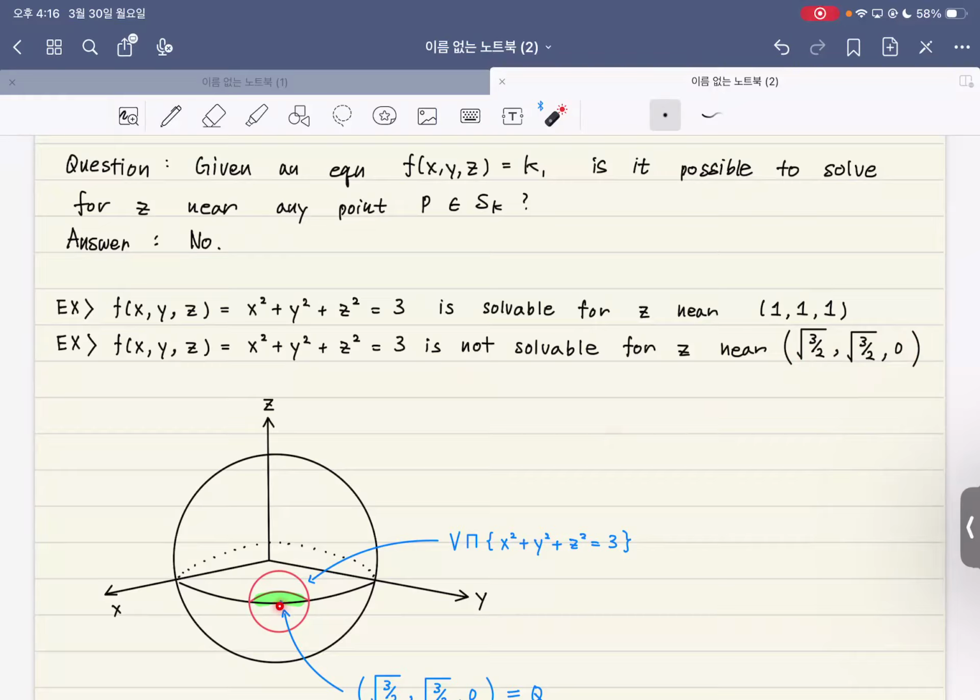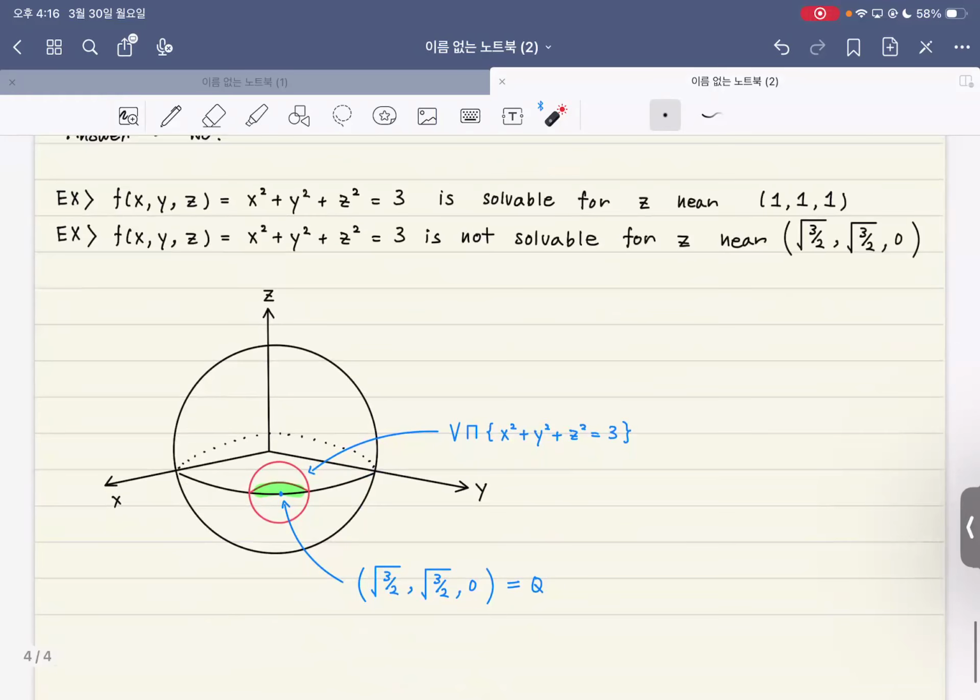At this point, you can never solve this equation for z, no matter how small your open set V is. Even if V is very small, around this point the intersection of this open set and this level set always looks something like a vertical line. Therefore, this can never be understood as the graph of any two variable function.